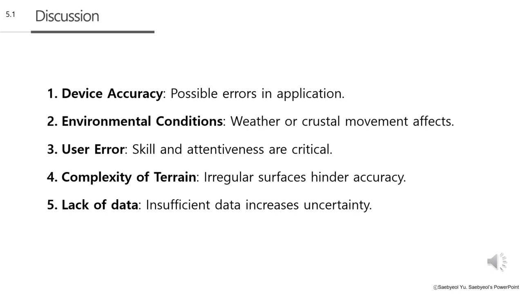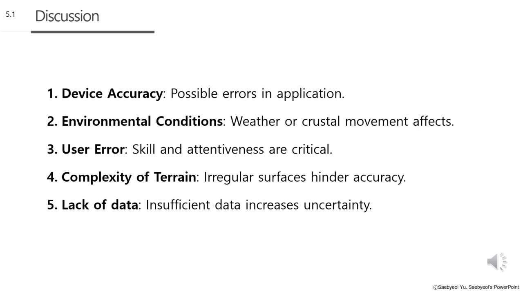In this process, several factors can affect the measurement accuracy of the results. First, device accuracy. The application may not be accurate and measurement results may have errors. Second, environmental conditions. For example, diverse weather conditions or sediments, crustal movement can affect measurements. Third, user error.